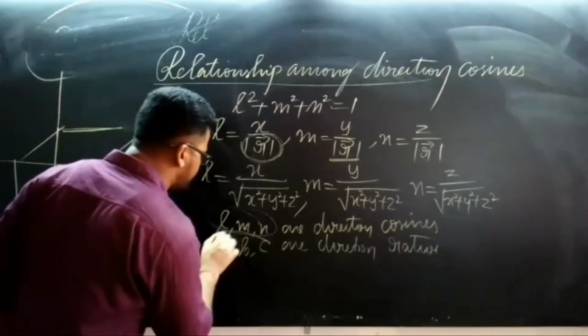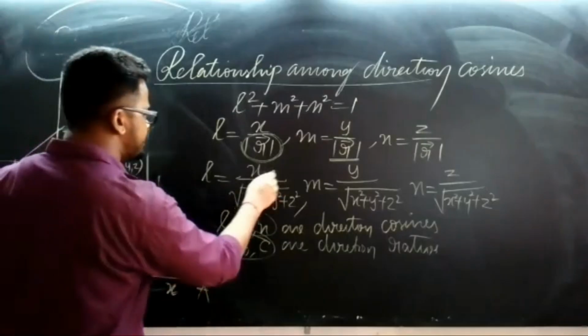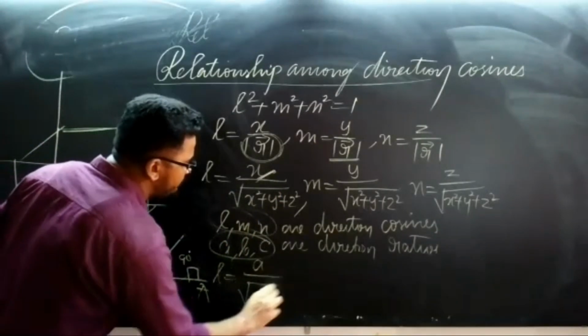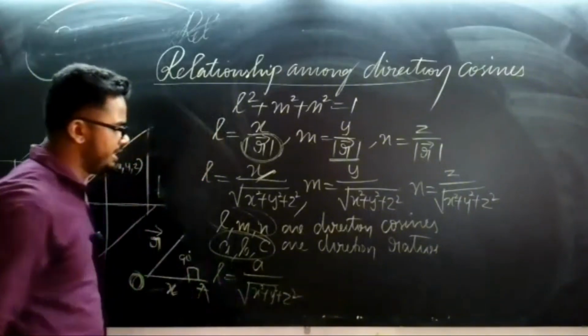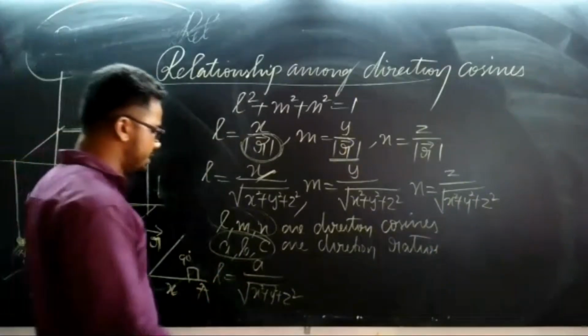Therefore, what we are going to write here is, this l can be written as a by the square root of x square plus y square plus z square. In place of x, we will replace with a, b, c.